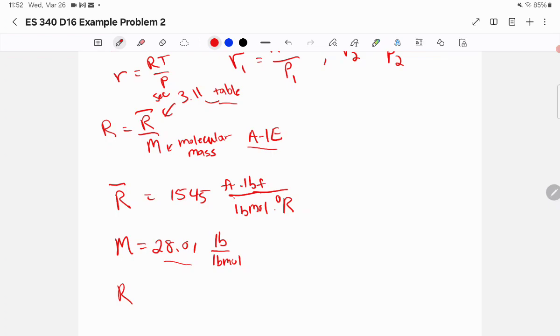And then when I divide through, I get the units that I originally wrote. I was wondering what was going on there. So that was my fault. I wrote that down incorrectly.